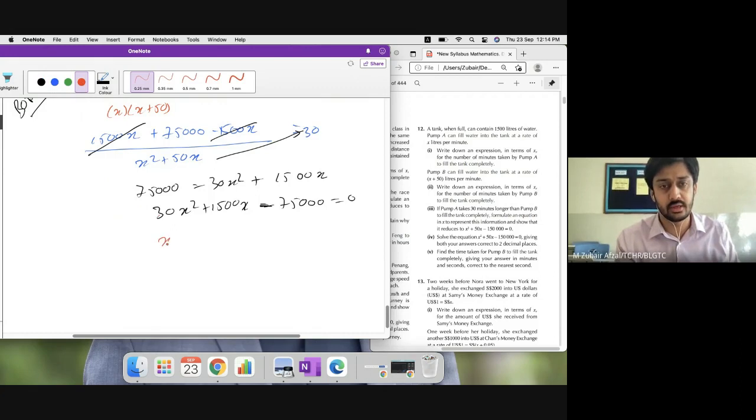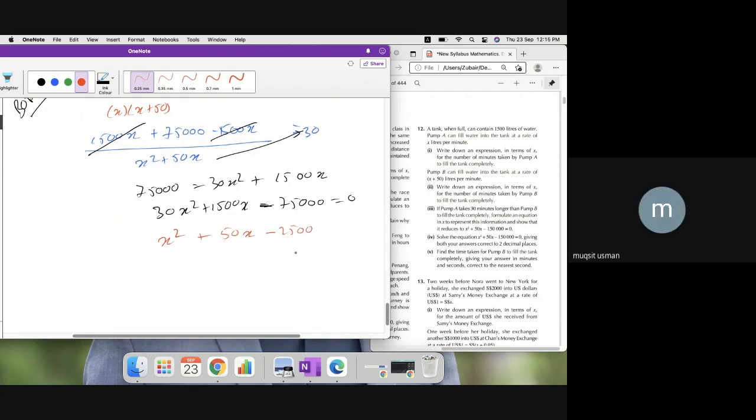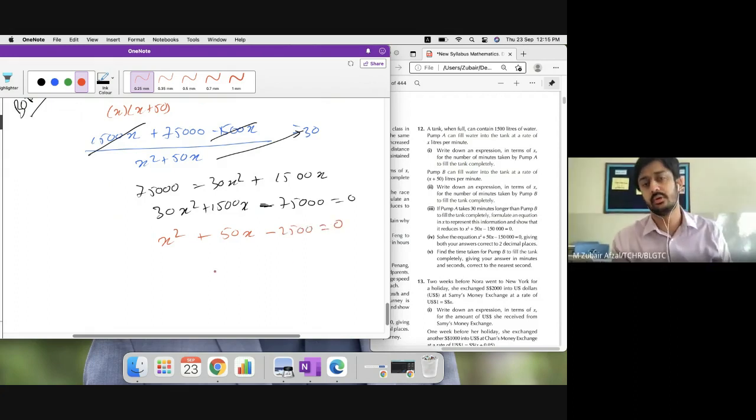So you're left with x square plus 50x minus 2500, I guess, is equal to 0. Now choice is yours, either middle term breaking, completing the square or quadratic formula.